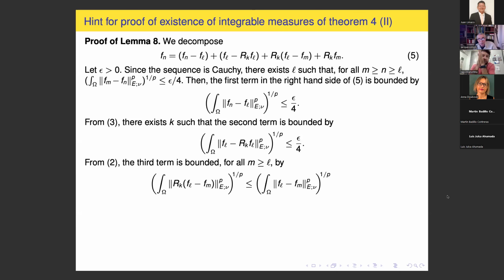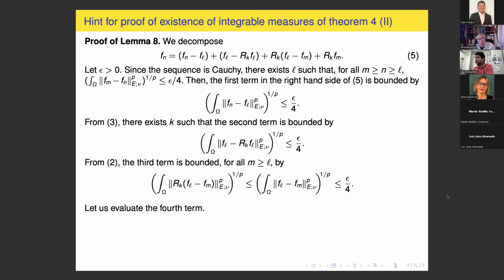And from 2, the third term is bounded, because the regularized have semi-norms that are less than the initial, so it is the same. And so all the first three terms of the right-hand side are less than epsilon over 4.